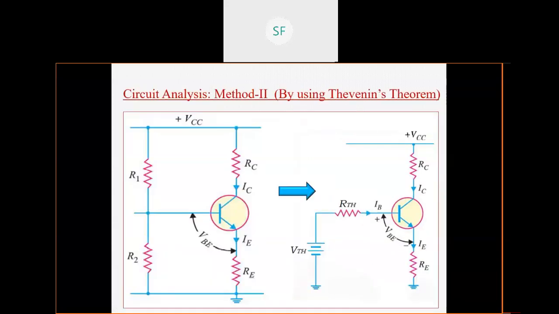Then there is a second circuit analysis method. It was using Thevenin's theorem. So what is Thevenin's theorem? It gives you a simplification of your circuit.